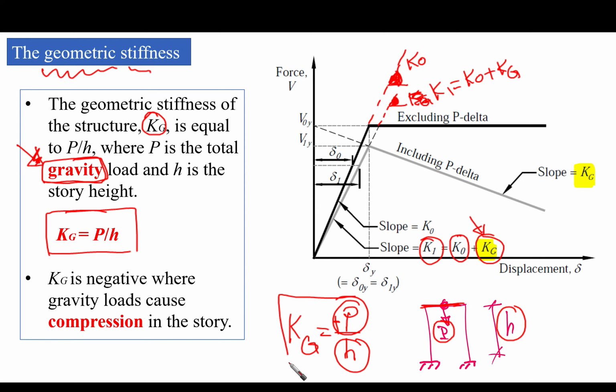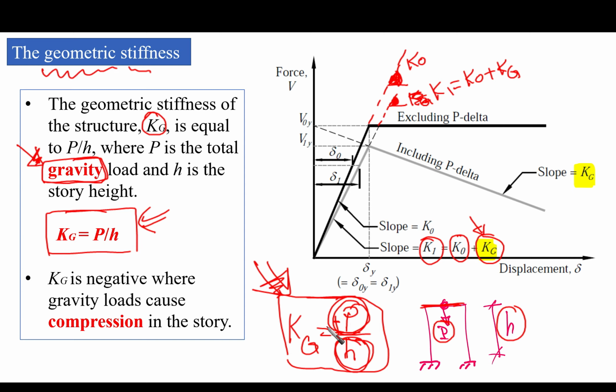It is the geometric stiffness, which is P over H. So this slight difference in the slope between the two is giving us the geometric stiffness, okay? So this slight difference is based on P over H of the system or the structure.